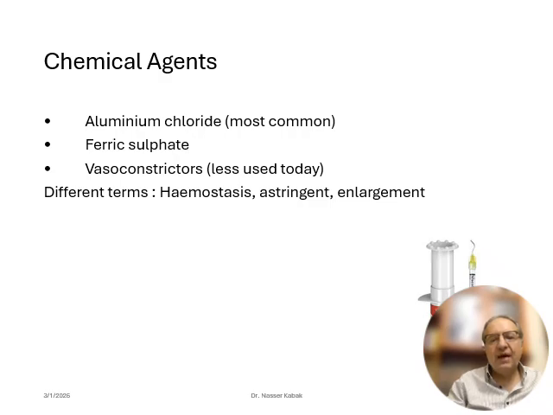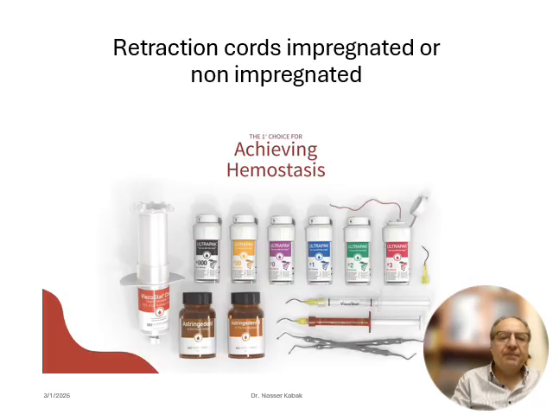Some of them have hemostatic capabilities, some of them are astringents, and some of them will displace and open the sulcus by gaining space inside these areas. Retraction cords have different classifications.